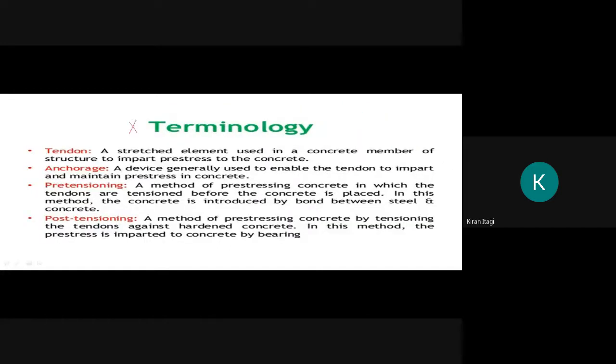Now, very important terminologies. Remember for MCQs or for offline. Very important. What do you mean by tendons?